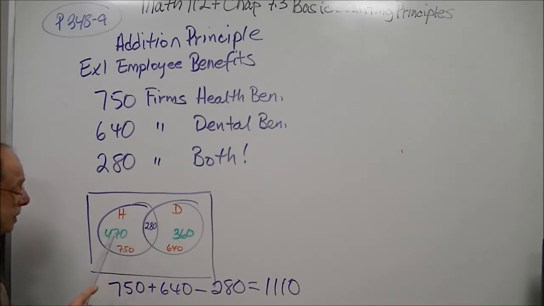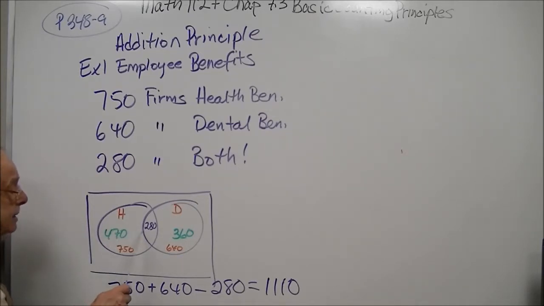And do the same thing here. Subtract 280 from 750 and get 470. Now to find out how many are enrolled, it would be the union of these two minus the intersection, which is what I have down here.